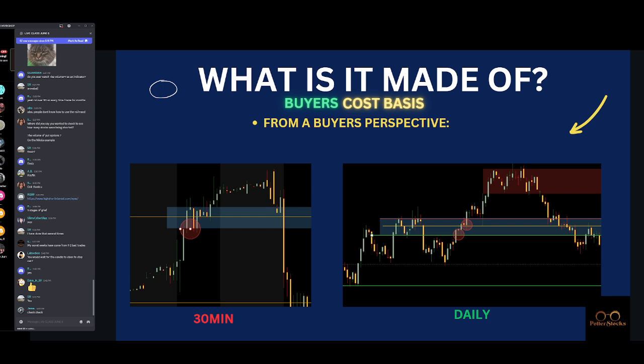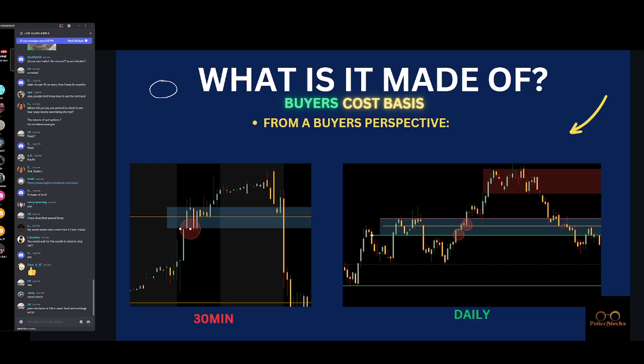Being able to narrate and say, what are sellers trying to do? What's below? What are buyers trying to do? What's above? And what do either one of them need to accomplish in order to move in their respective directions?